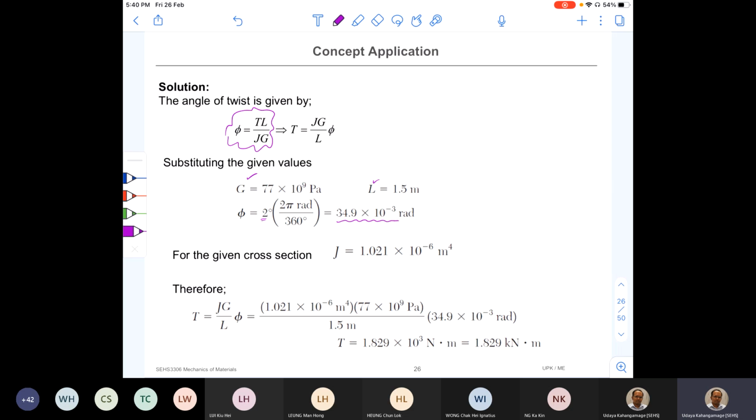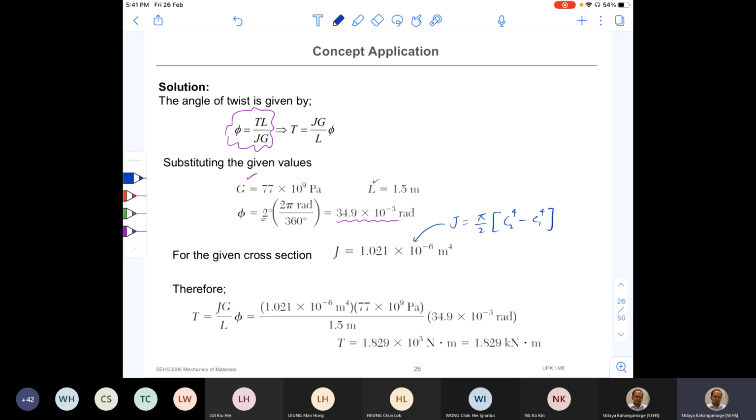And for J, since it is a hollow circular section, in fact, we have found J before, right? If you want to do it again, you just write this equation, c2 to the power 4 minus c1 to the power 4. From that, we get this answer.